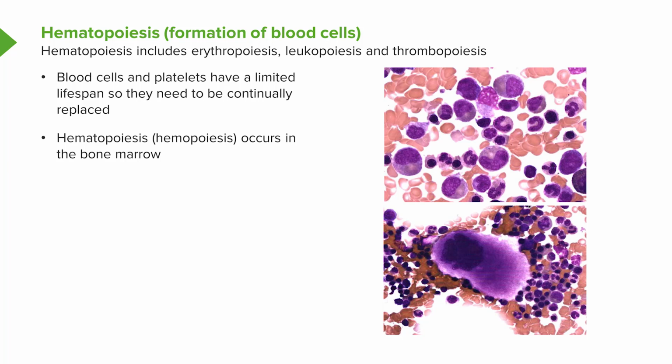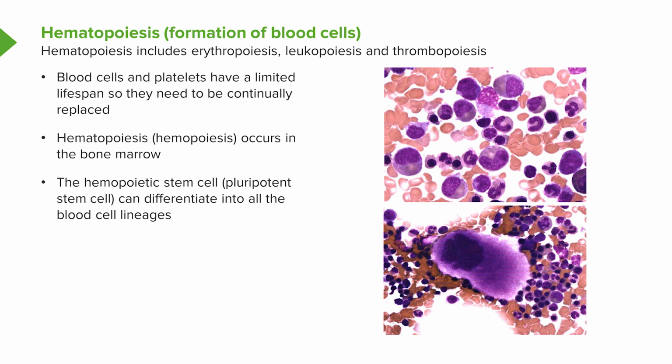The original stem cell that gives rise to all the lineages is called the hematopoietic stem cell. It's a pluripotent stem cell. It's obviously a very important cell. It sits in the bone marrow, it divides over and over again, and it gives rise to the progenitor cells, which in turn go through all the process of providing lineages leading to the production of all the different blood cell types.